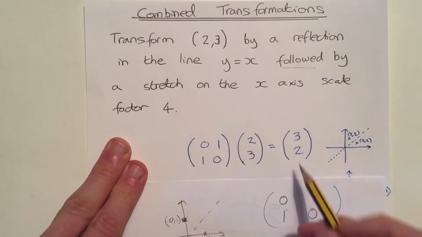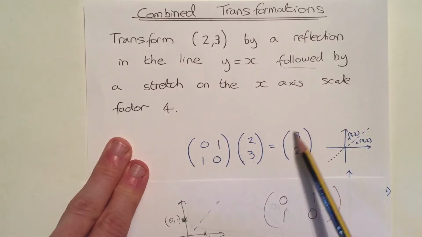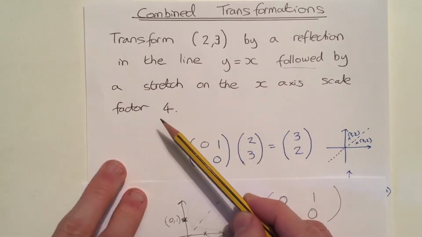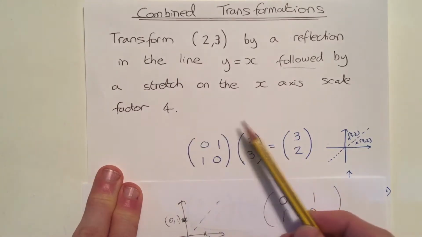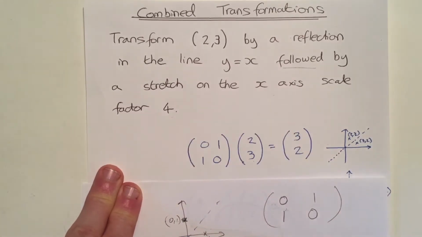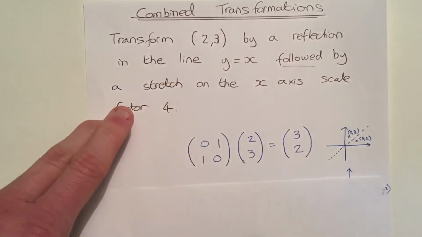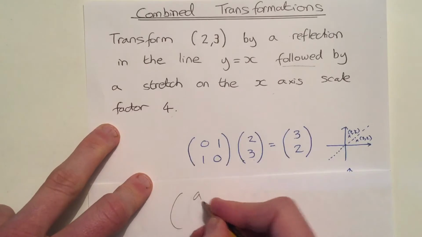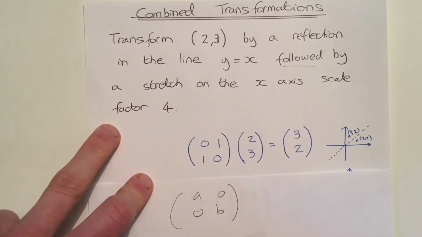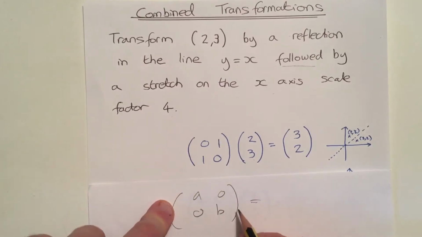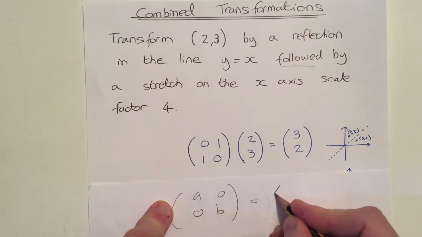Right, I am then going to take the result of that and I'm going to stretch it by a scale factor 4 in the x direction. Remember from the last video, if it's a scale factor 4 in the x direction, then that's 4.